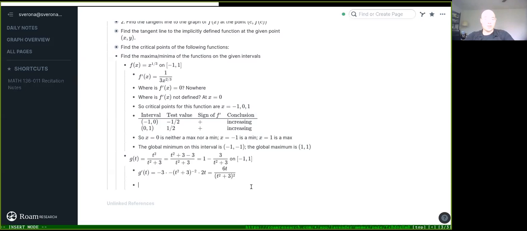So the next thing I'm going to do is ask, where is g prime of t 0? And the answer is, for this fraction to be 0, the numerator must be 0. So I can say this is going to be at t equals 0 and nowhere else.